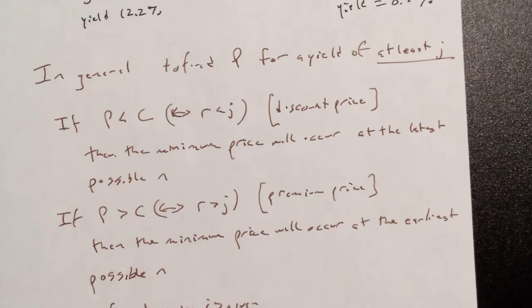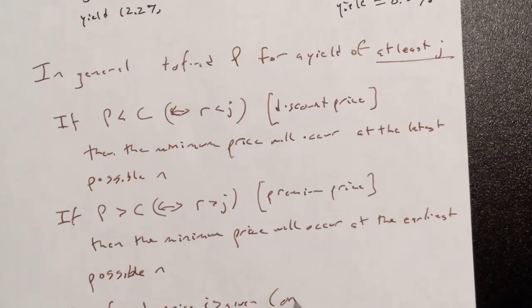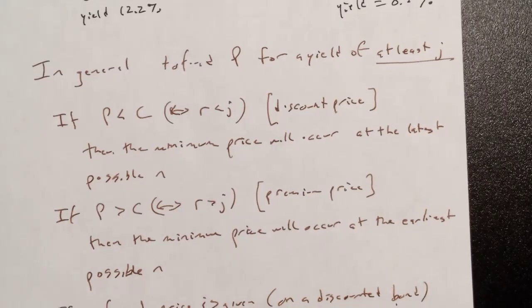Let's assume it's a discounted price. So I give you, I just said 90,000. That's a discount from the 100,000 face value. Sorry, from the million face value.